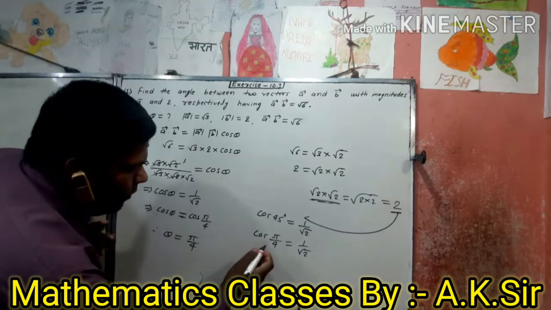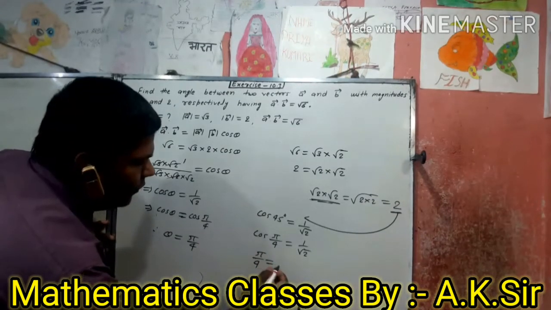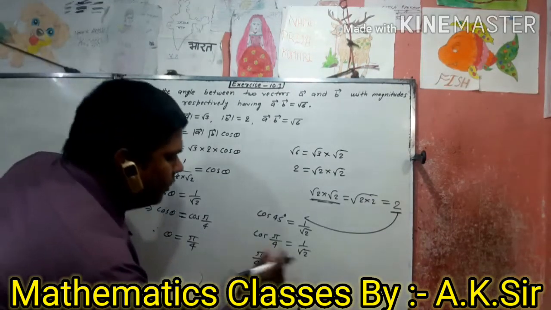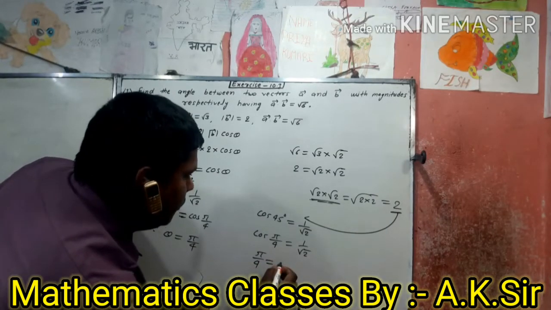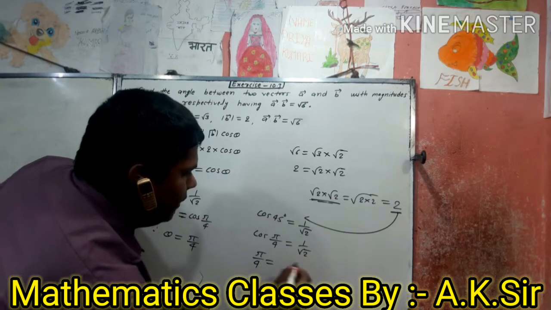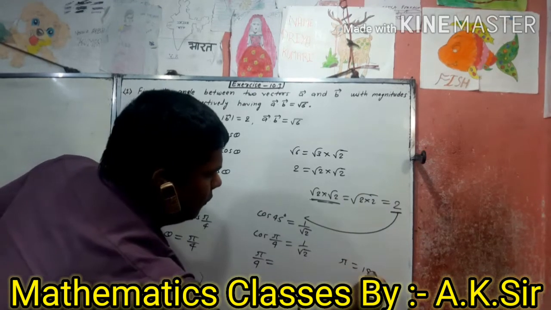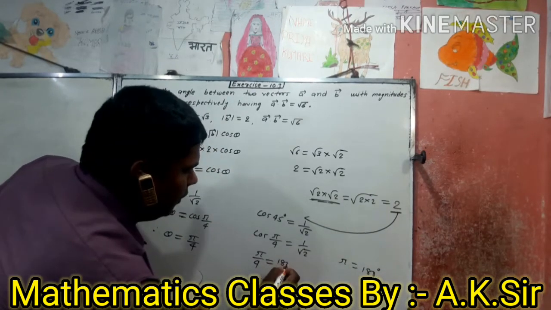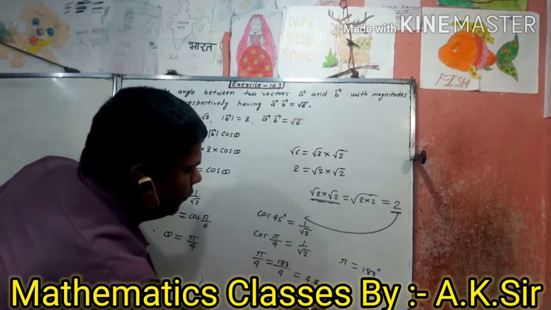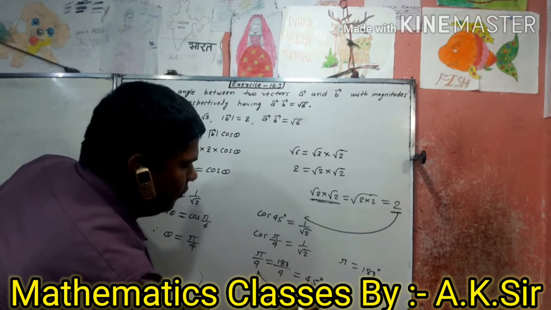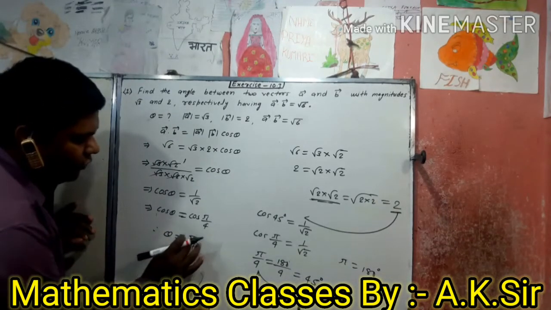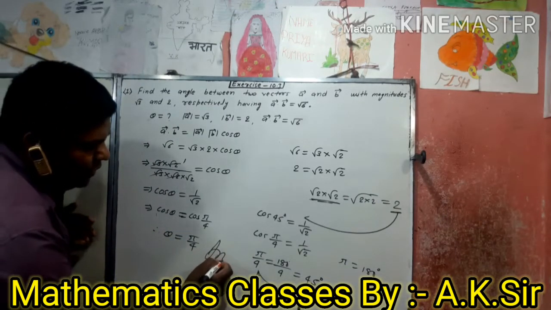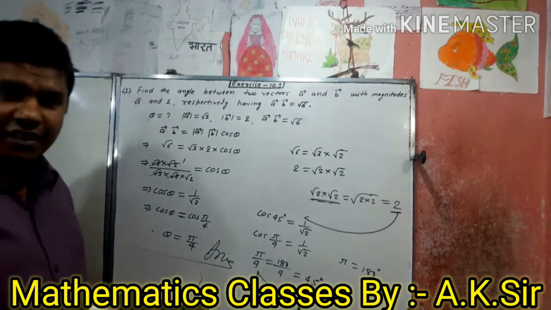If you don't know about pi by 4, you know pi is equal to 180 degrees, and 180 degrees upon 4 is equal to 45 degrees. You understand? Here theta is equal to pi by 4. This is our answer.